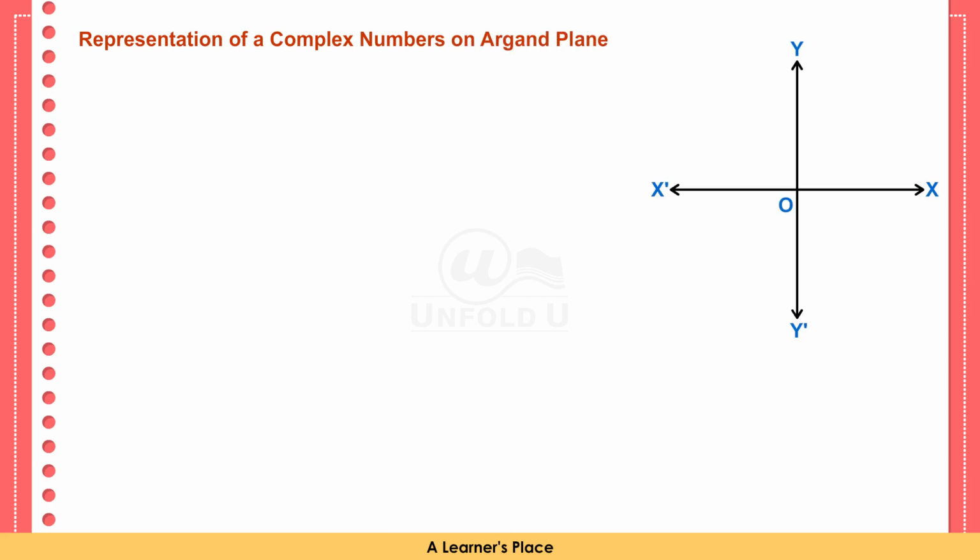Now, we will study the representation of a complex number on the Argand plane. The complex number x plus iota y corresponds to the ordered pair (x, y) and can be represented geometrically as a unique point P(x, y) in the xy plane.